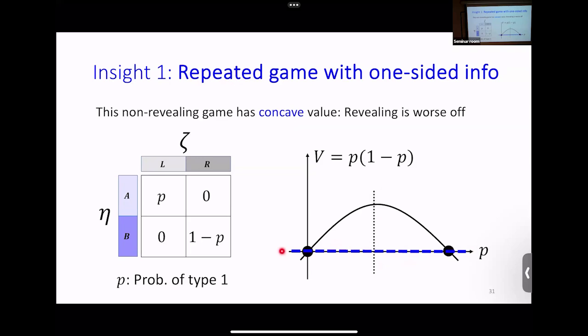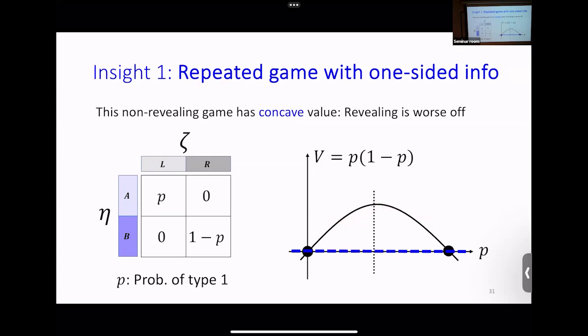Which is this blue line here. As a matter of fact, any belief manipulation, which will be some lines under this concave function, will be a worse payoff than if you just play non-revealing.